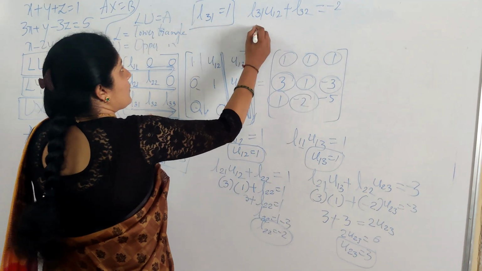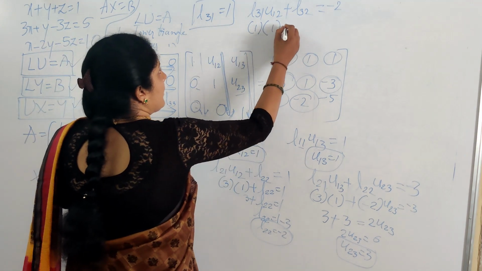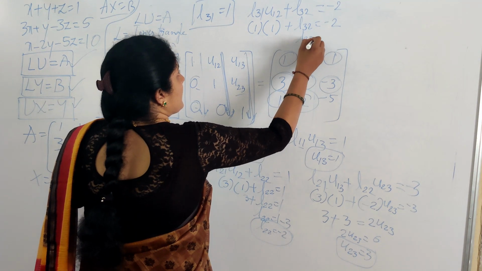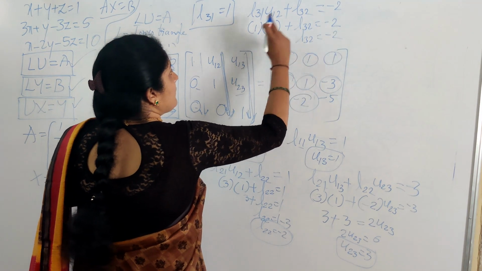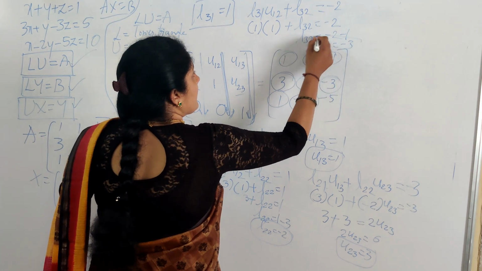So L31 is 1 into U12 which is 1 plus L32 is equal to minus 2. So L32 is equal to what? Minus 2 minus 1. So L32 is equal to minus 3.